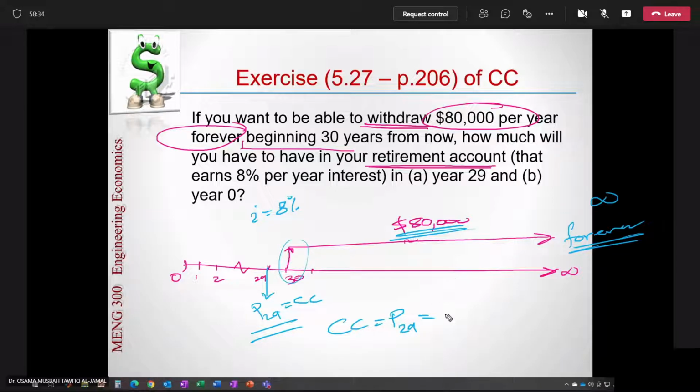Directly I can write 80,000 divided by i, 0.08. How much will it be? 1 million. $1 million.